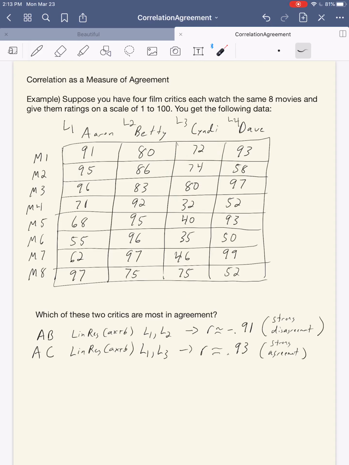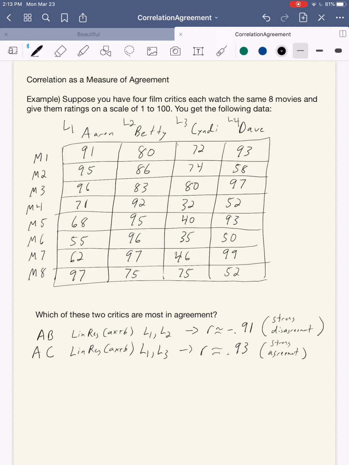Those don't necessarily seem like super strong scores, but keep in mind, those are the strongest she ever gave, because the rest of her scores are in the 30s and 40s. So those 70s and that 80 are really good scores for her type of scoring. Notice that her low scores, those 30s and 40s, directly correspond to also the ones that Ehren liked the least. So that's why they are in strong agreement.